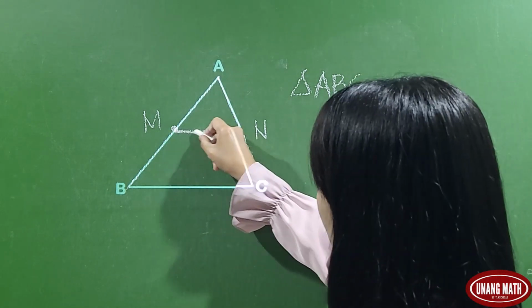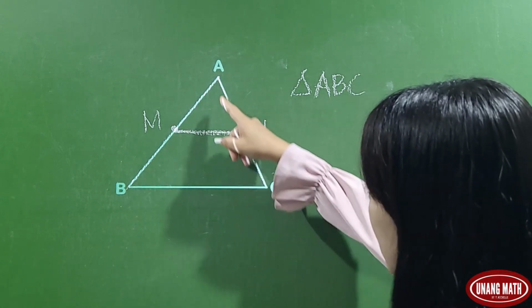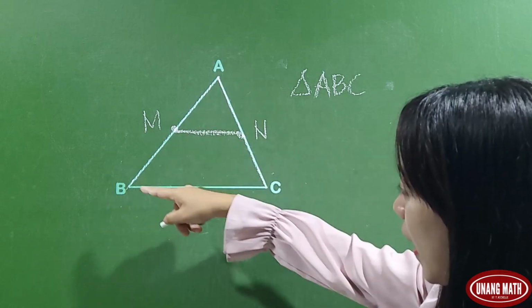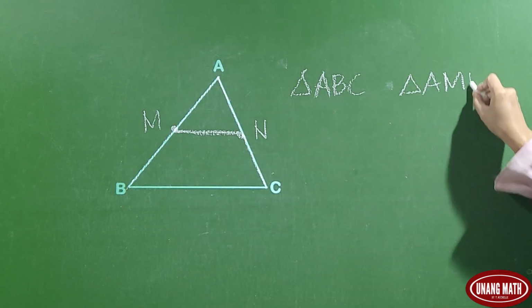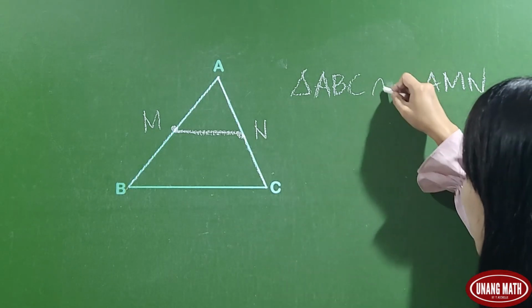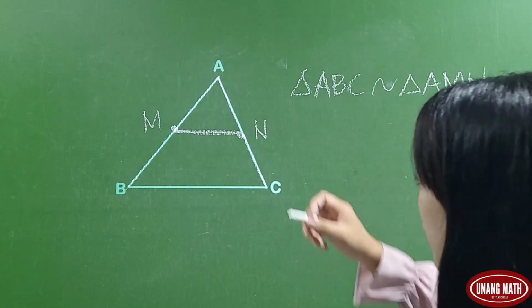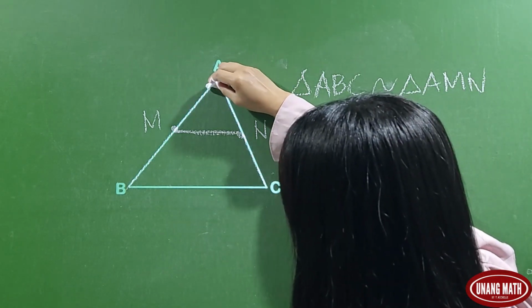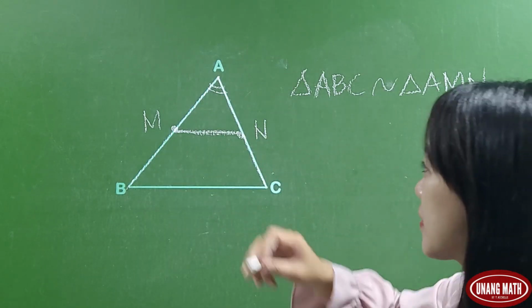When we draw this line segment, we now have two triangles: triangle AMN and triangle ABC. These two triangles are similar figures. Why similar figures? As you can see, this angle is common to these two triangles.